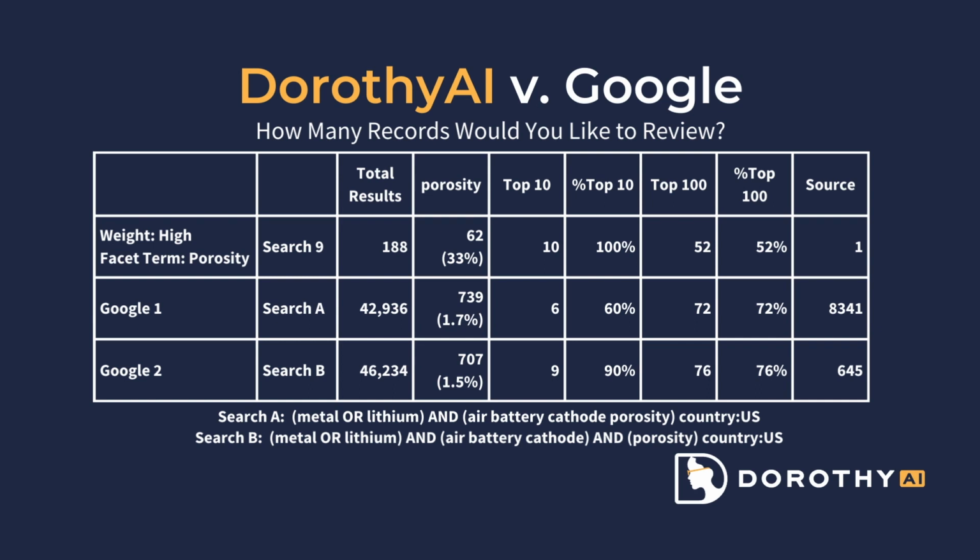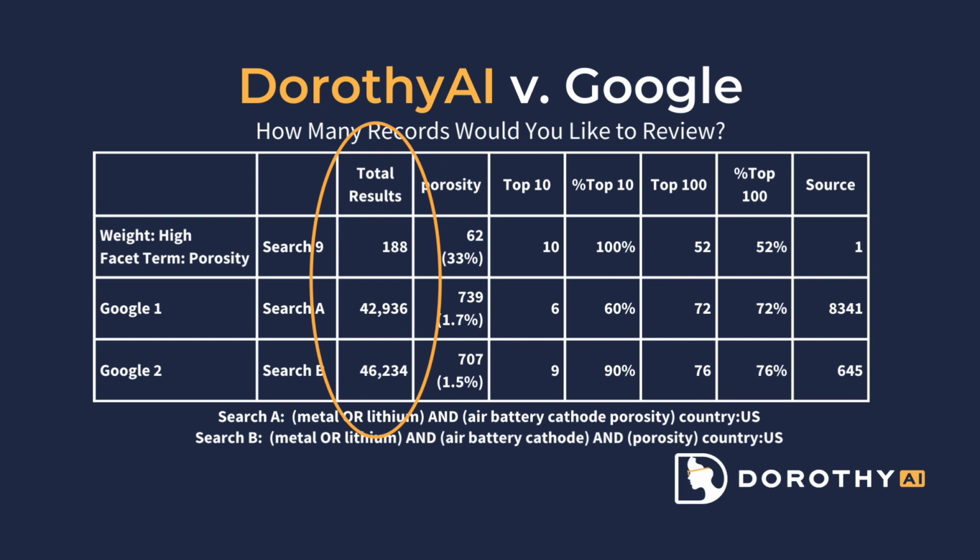And then we're going to compare the results from those Google searches to the DorothyAI search, where we had a high novel feature weight and we used the term porosity. When we look at the number of returned results, Google returns many, many more results. The first search returned about 43,000, the second about 46,000.